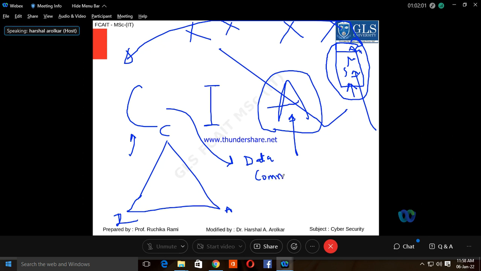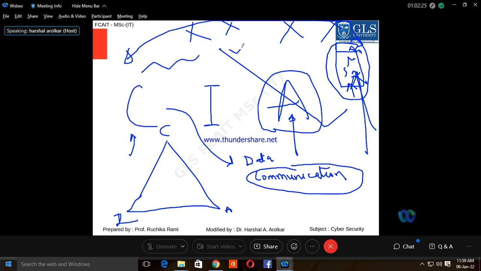We will see what mechanisms you know about them, so we don't have to worry about it, but in general we'll be looking into them. When I am talking about confidentiality of data, I am talking about data lying on a single machine. When I say confidentiality of communication, I'm talking about the data when it is traveling from one place to another.